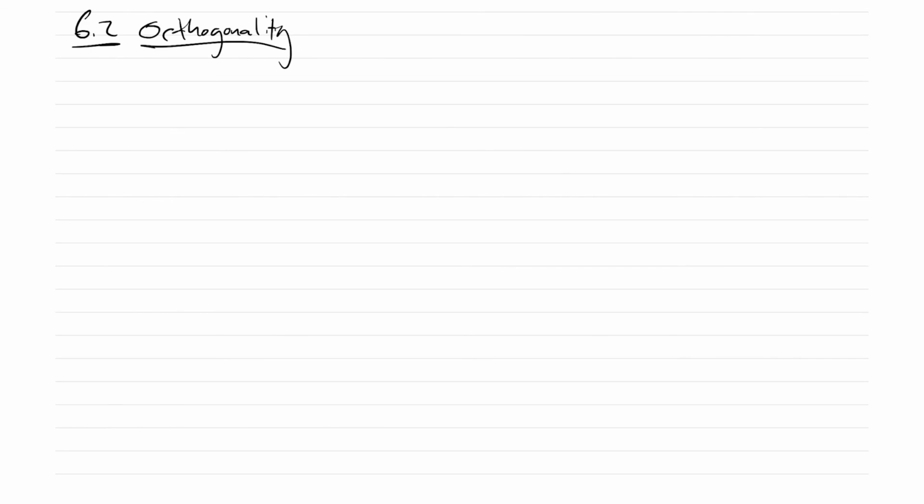For instance, when we were looking at Fourier series, if we compared e to the i m theta with e to the i n theta, and we multiply one by the conjugate of the other and integrate over the circle, we ended up getting either 0 or 2 pi, right? That basically says that they're orthogonal if n is not equal to m.